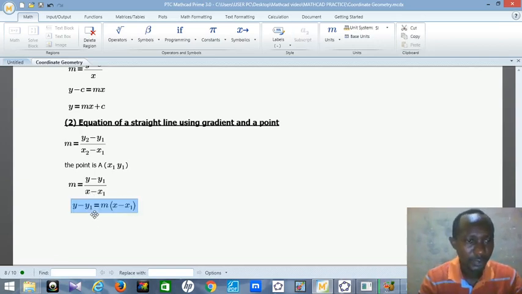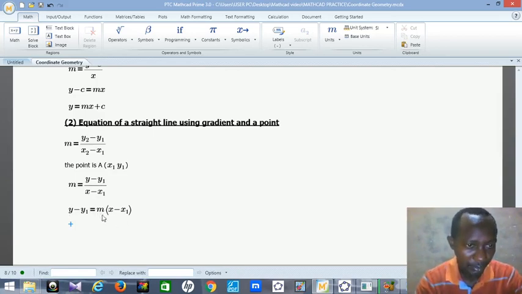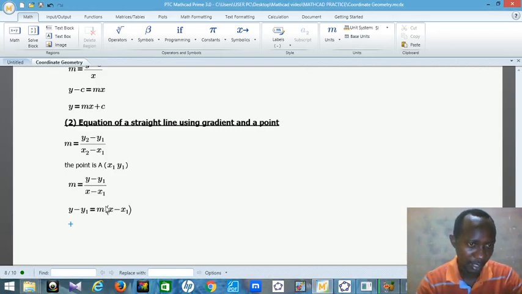So this is the formula you are going to use when they tell you to calculate the equation of a straight line using gradient and a point. So m is the gradient, then the point is x1 and y1. So they will give you a point, they will give you the gradient, they will tell you to calculate the equation of the straight line. So you use this equation fast, you get your result for equation of the straight line.